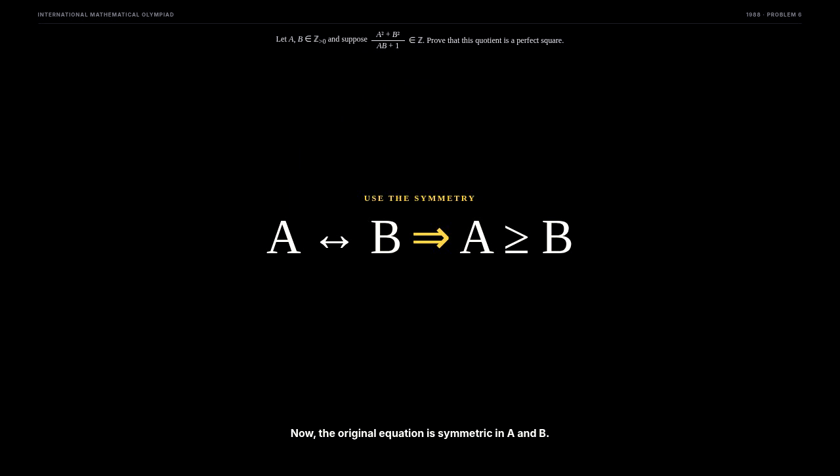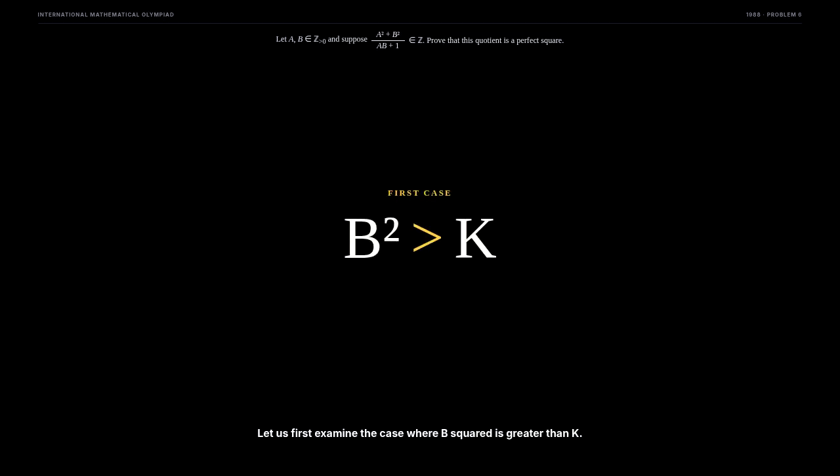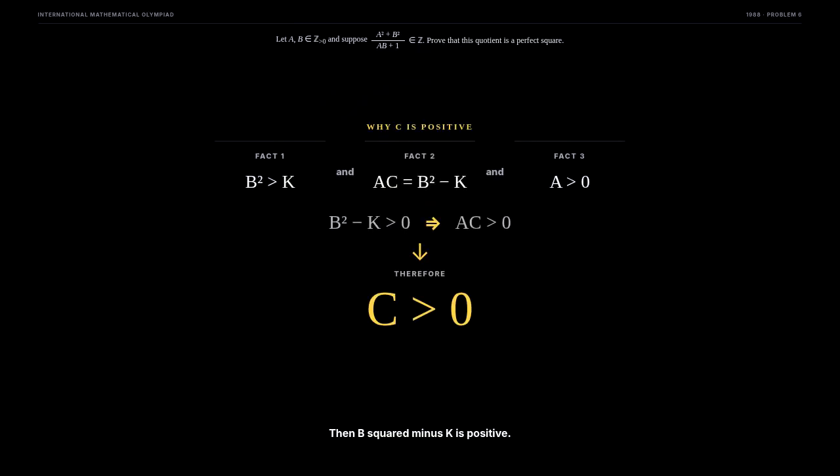Now, the original equation is symmetric in a and b. That means we may assume, without loss of generality, that a is at least b. Let us first examine the case where b squared is greater than k. Then, b squared minus k is positive. So, a times c is positive. And because a is positive, c must also be positive.